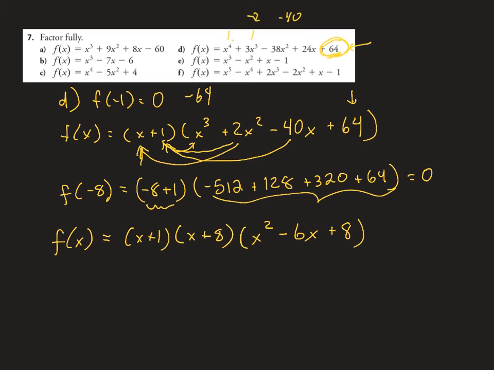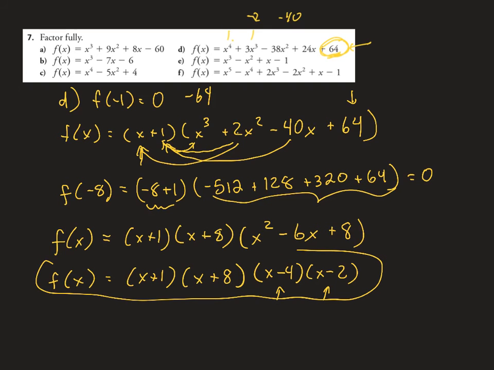There we go. So f of x equals x plus 1, x plus 8. And what do we got? Negative 4, negative 2. X minus 4, x minus 2. Darn, I should have tried positive 2 and positive 4. That would have been easier than negative 8. Anyways, we have this guy factored.